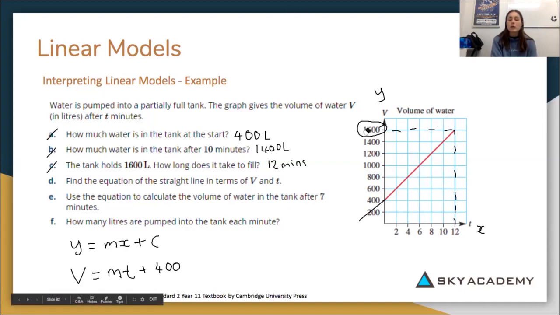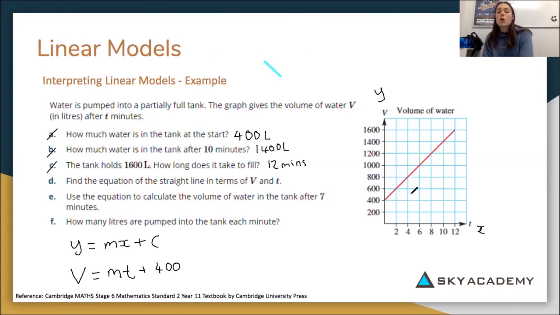So remember, when we're finding our gradient, we have to get 2 points to make a triangle. So I'm going to, in green, choose this point here of 400 and this point here of 1,200, and I'm going to make a triangle.